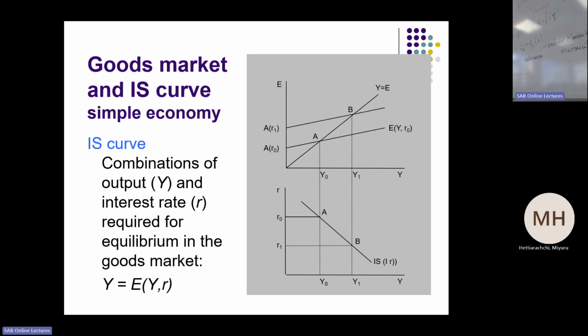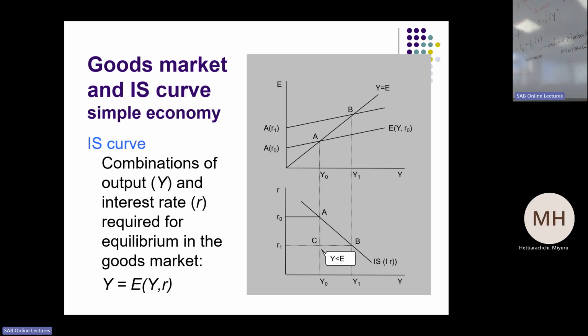It has a negative slope from left to right, representing a relationship where the higher the interest rate, the lower the income.